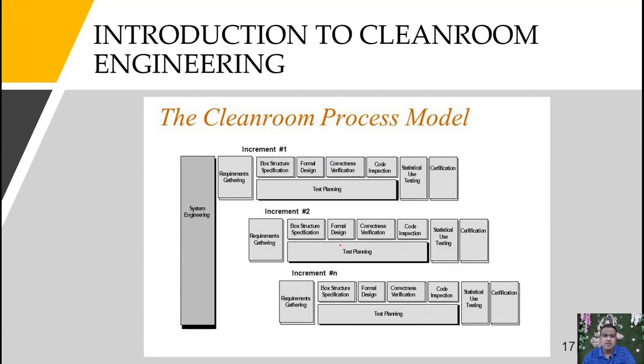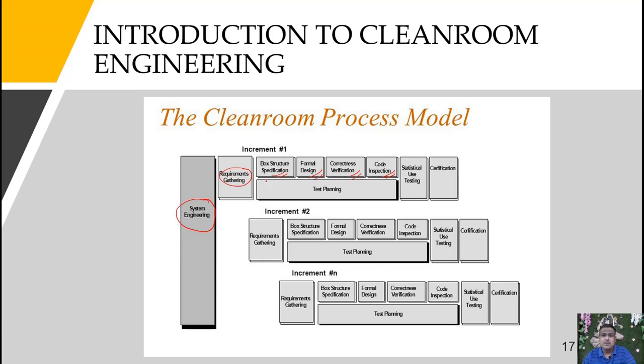So this is the diagram. What is cleanroom? Here we have system engineering, and we have the requirement gathering phase first, then specification, formal design phase, correctness and verification phase, and code generation phase.